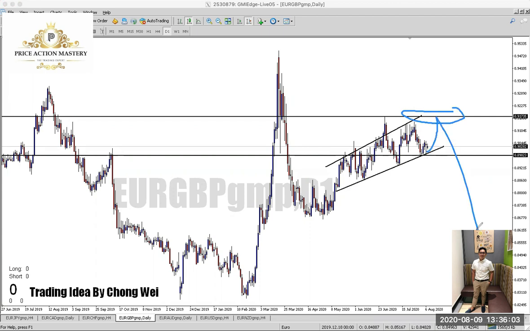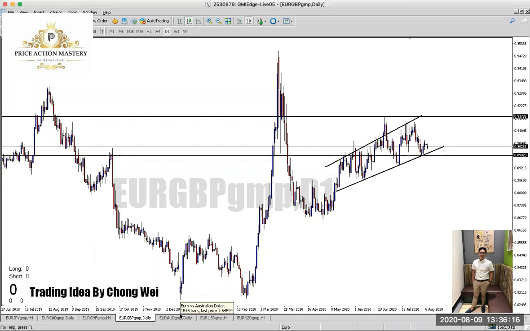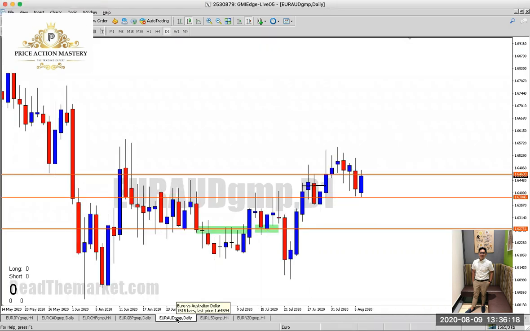So I'll be looking at this. Currently, buy is better than sell. So if this buy, which means GBP is going to drop. Okay, very good.